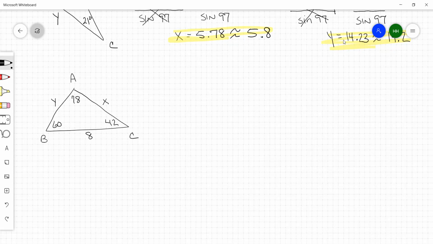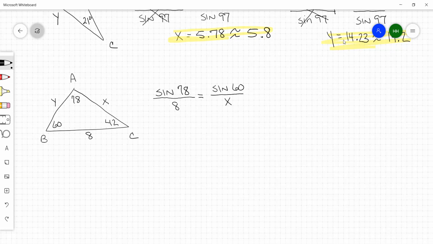You pick a given angle and side. So we're going to say sine 78 over the 8 equals, we'll solve for x first, so sine 60 over x. And then I'm going to write the other proportion right now.